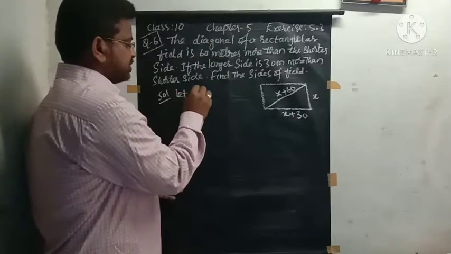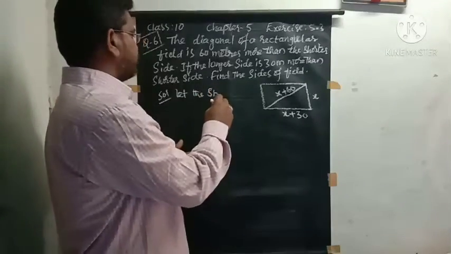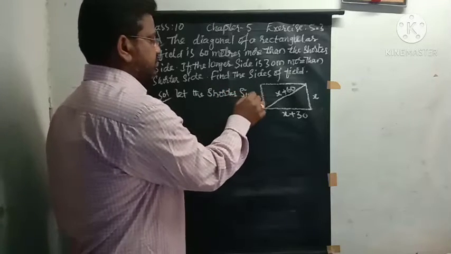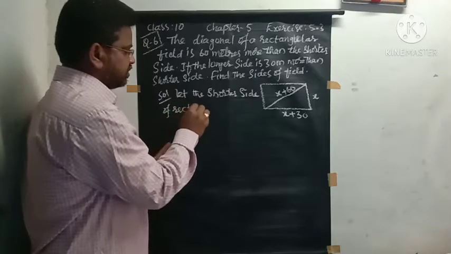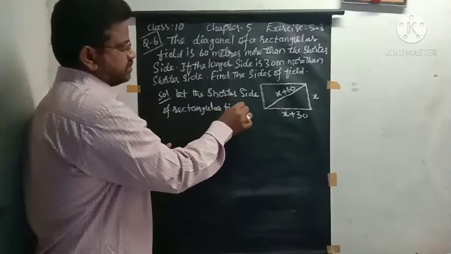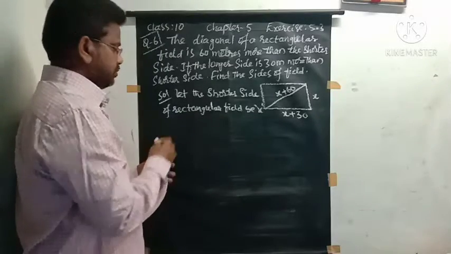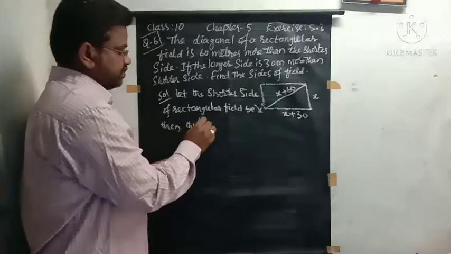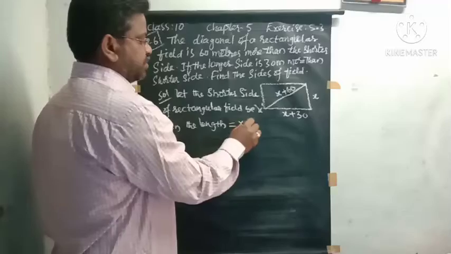Let the shorter side of the rectangular field be x. Then the length is equal to x plus 30.